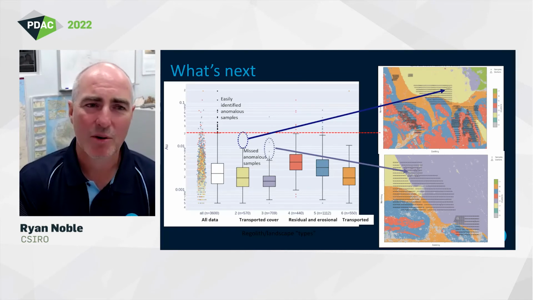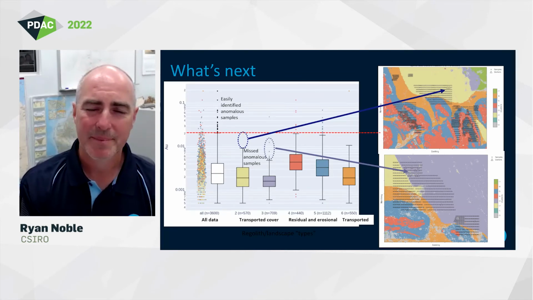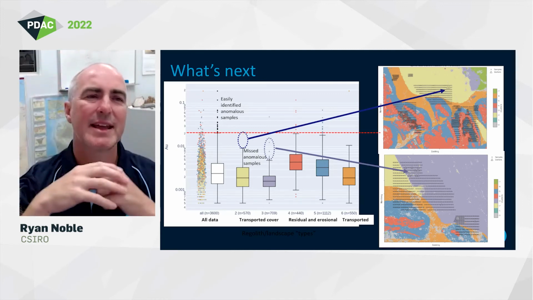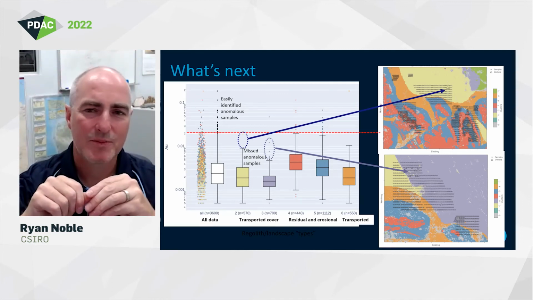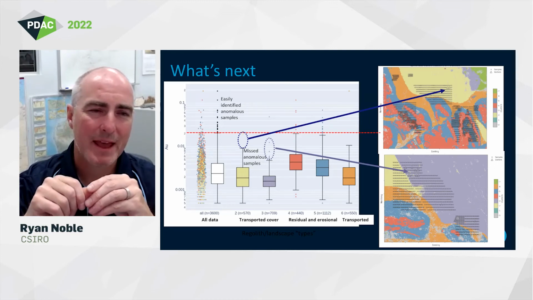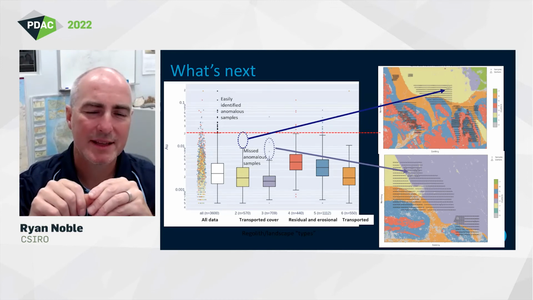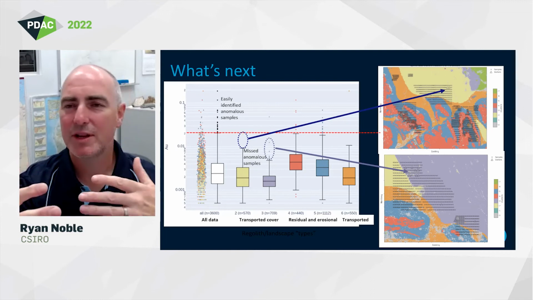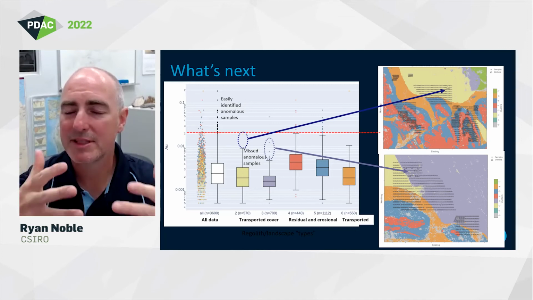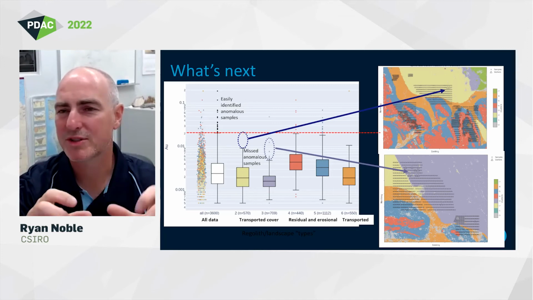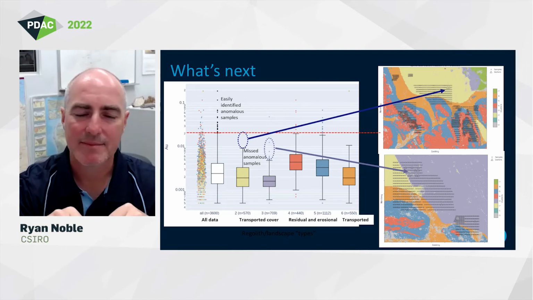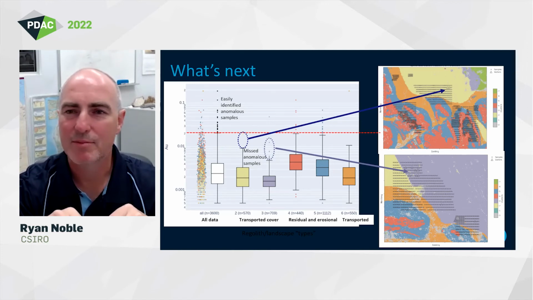And just where we can go a little better with what we're doing, I think it's about putting your information in landscape context. So this is an example of a regional soil survey. And what I wanted to point out here is that we've used machine learning to integrate some of the spatial data and map different, I would call these proxy soil types. So in this case, the red is outcropping or residual terrain.